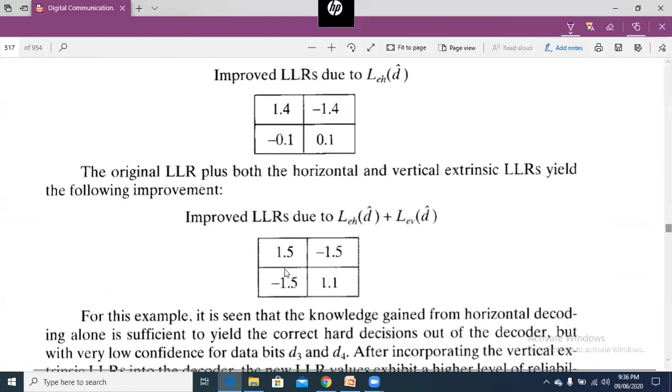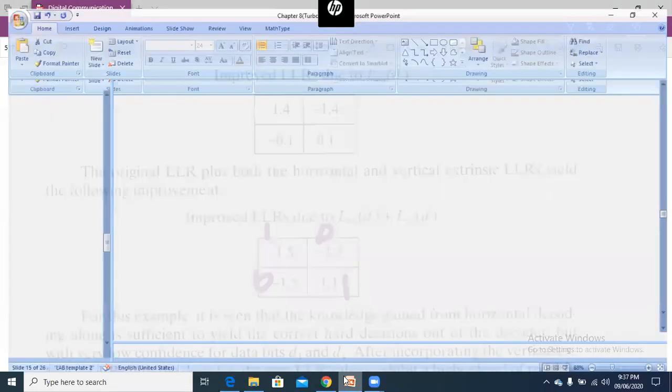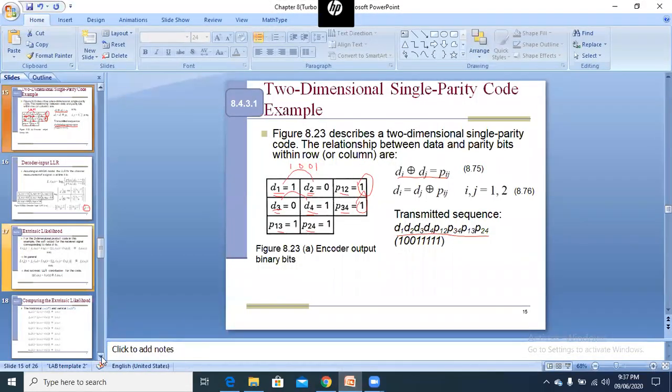Here you can see that our message is 1, 0, 0, 1. So here we can decode the message correctly, but the confidence level is low. So we will see the result after the fourth iteration.